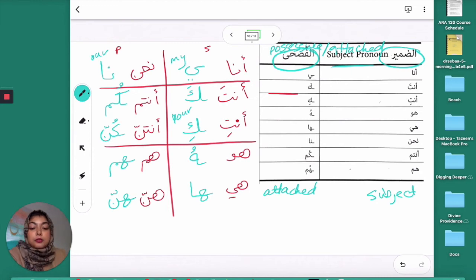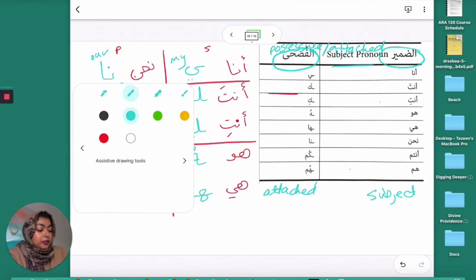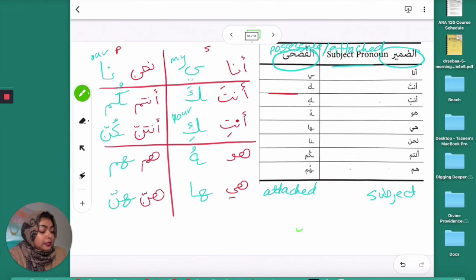The other thing that I do want to mention is, remember, we talked about this when we did attached pronouns in a couple of videos previous to this. And we said that when you attach a word, so if I say walid and I want to say any of these, her dad, for instance, when you're pronouncing it in Fusha, the last letter here, for now, you're going to pronounce it with the dhamma.